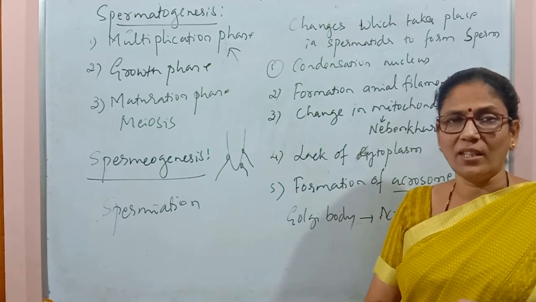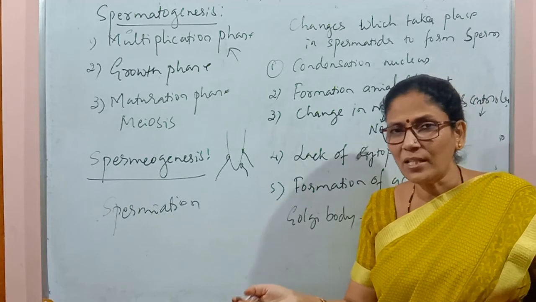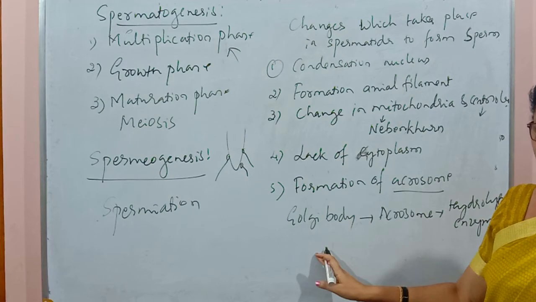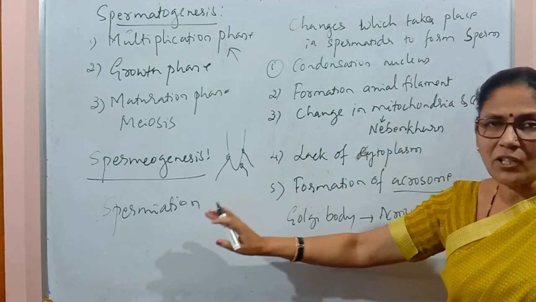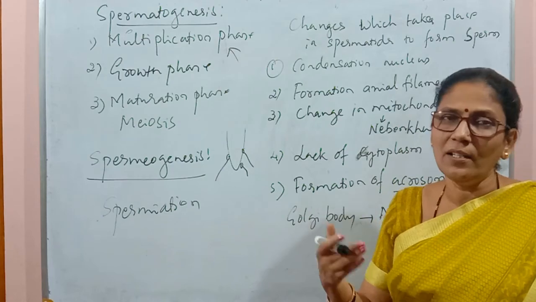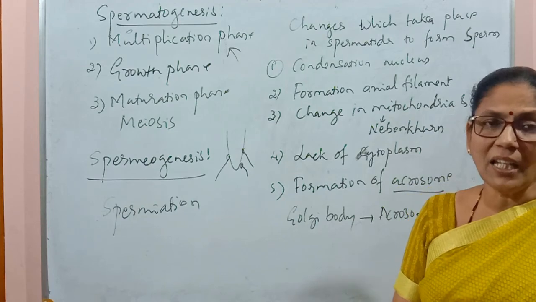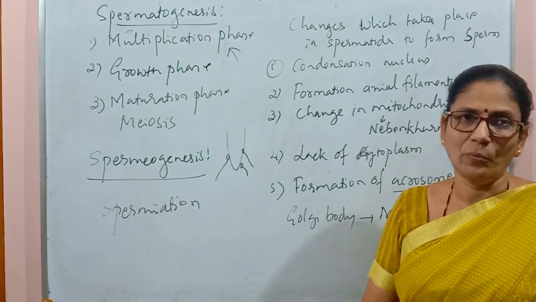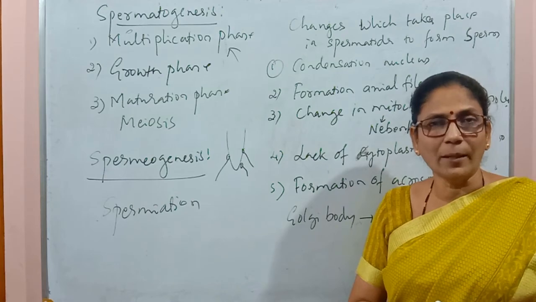Spermiogenesis is the process where spermatids transform into sperms, because of all these changes. And spermiation is the release of completely mature sperms into the lumen of the seminiferous tubules from the head of the Sertoli cells. These three words are very important.